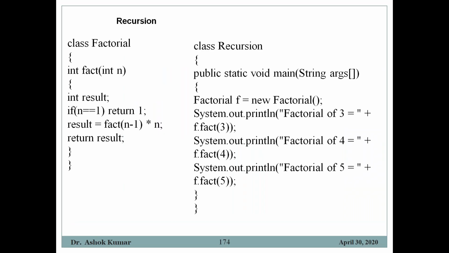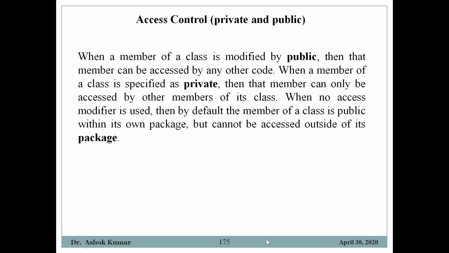With this slide, we are going to discuss access control. Till now, we haven't used any access control in the class, but Java provides you 3 access specifiers, and these 3 access specifiers are public, private, and protected.